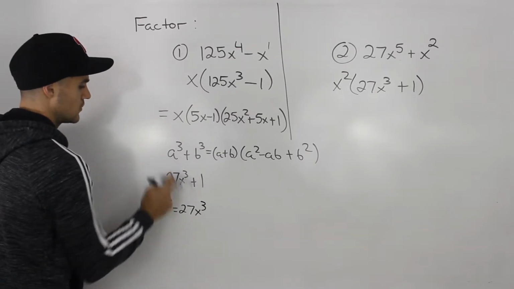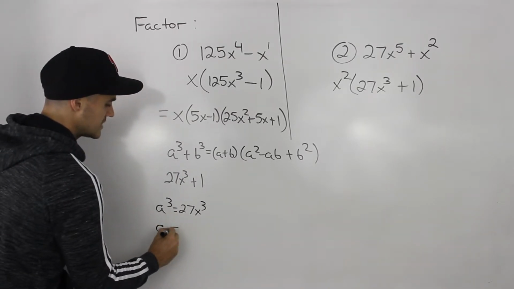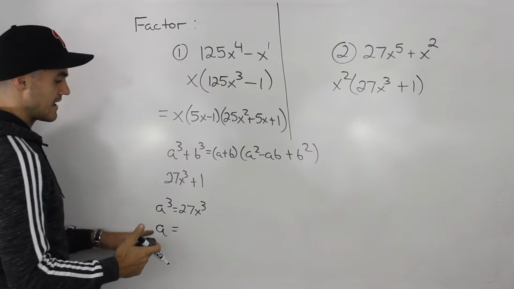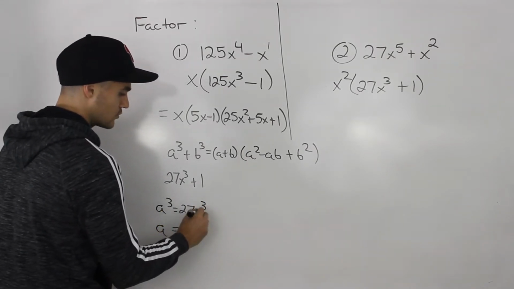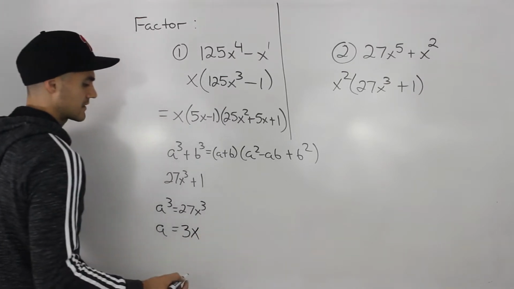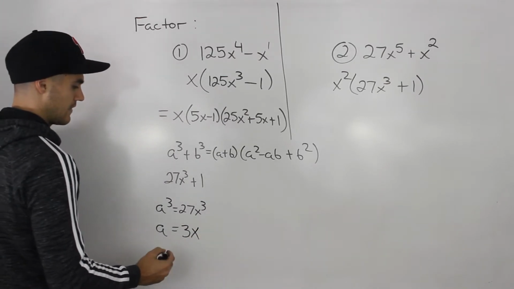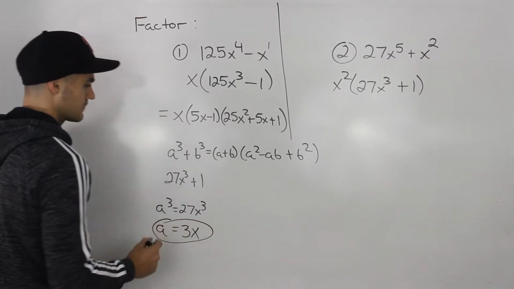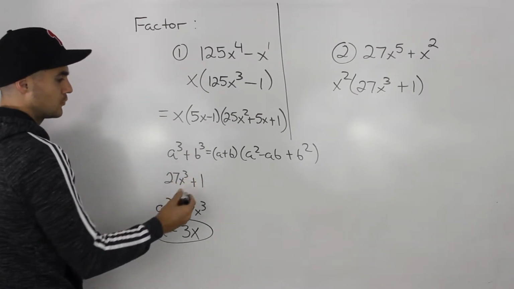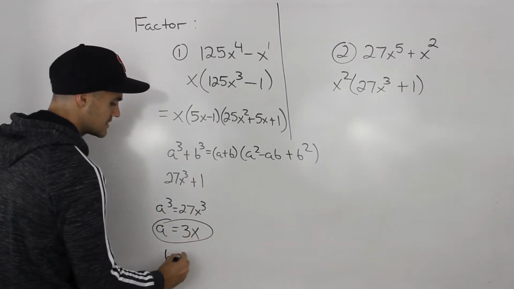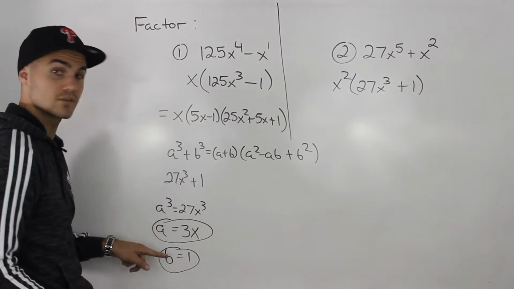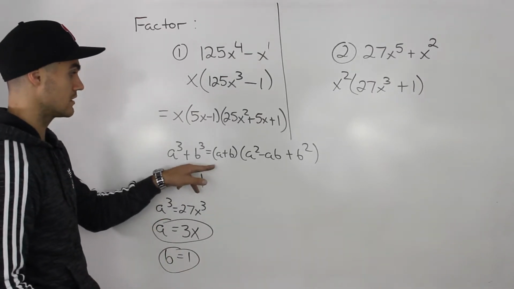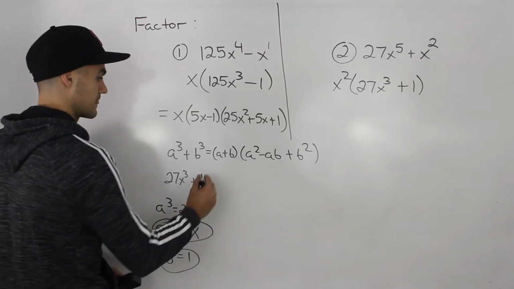If we take the third root of both sides, a has to equal the third root of 27, which is 3, and the third root of x cubed is just x. So that's our a value. And then b cubed is equal to 1, so it's easy to tell that b is just going to equal 1. So now we can take this a value and this b value and plug them into this formula.